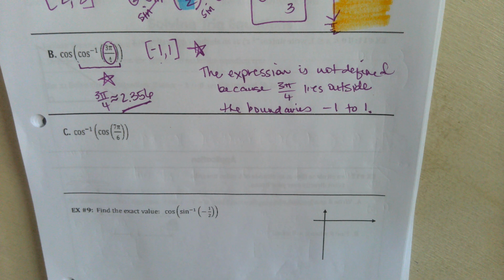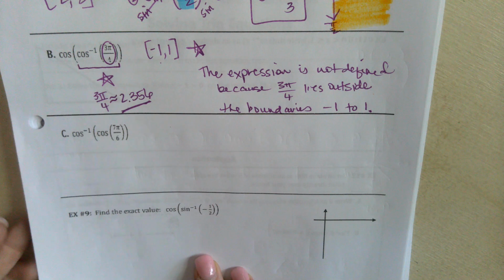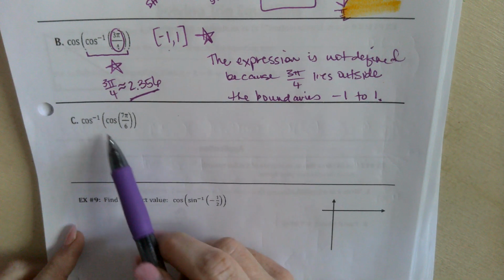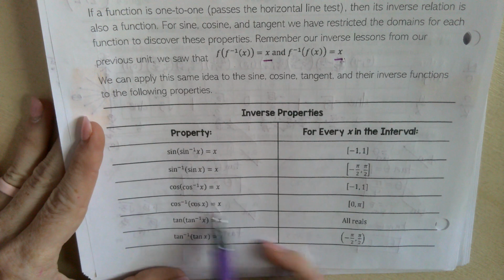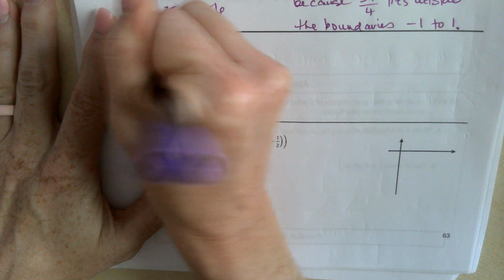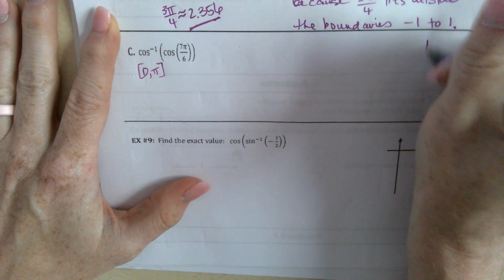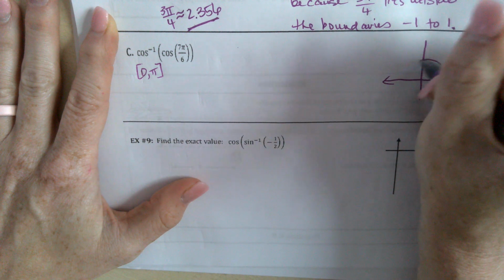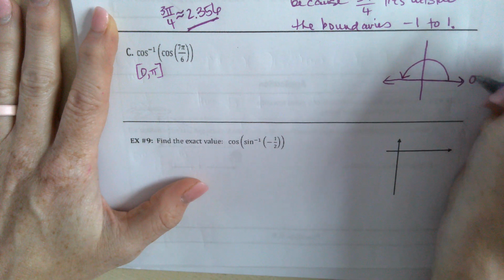Really need to remember that, the part there, for the, You talking about all the intervals? Yes. No, I'm giving those to you. Okay? All right, here we go. Cosine inverse of cosine. Let's flip over here. Cosine inverse of cosine, I'm going from 0 to pi. Okay? From 0 to pi is from here to here.